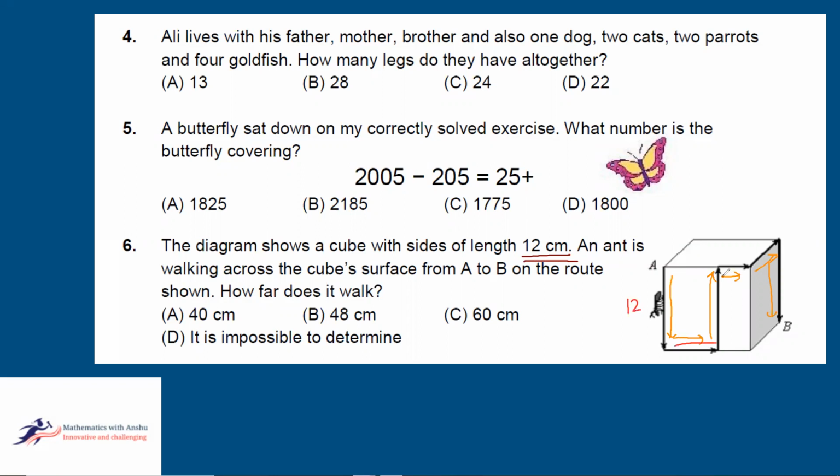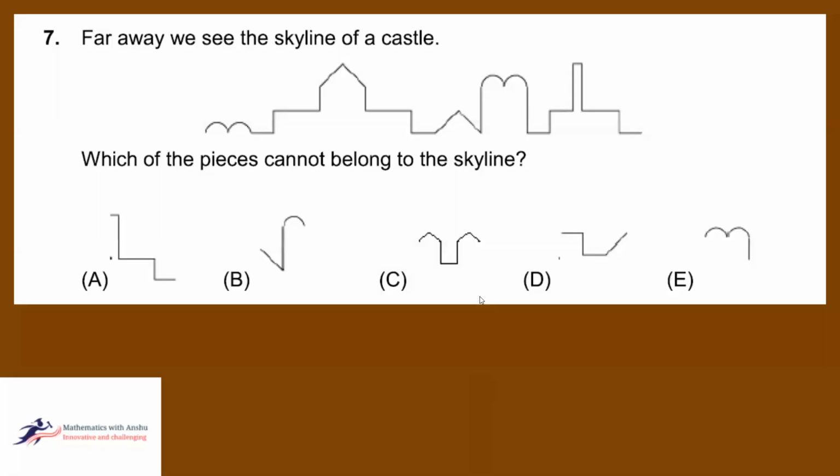Now this and this will make 12. So 12 plus 12. Now this one 12, this one 12, right? So how many 12s? Actually 1, 2, 3. This one also 12. So 12 into 4. Plus this one and this one make one more 12. So 12 into 5, so 60 centimeter. Very easy.